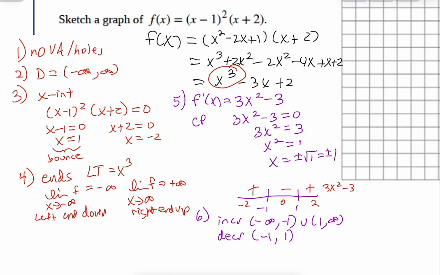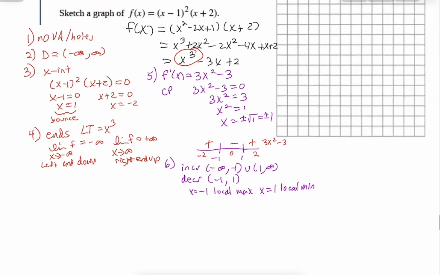So we know that -1 is a local max. +1 is a local min. Okay, so that's step 5 and 6.